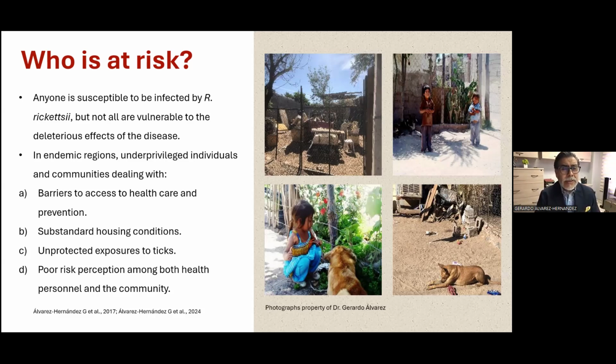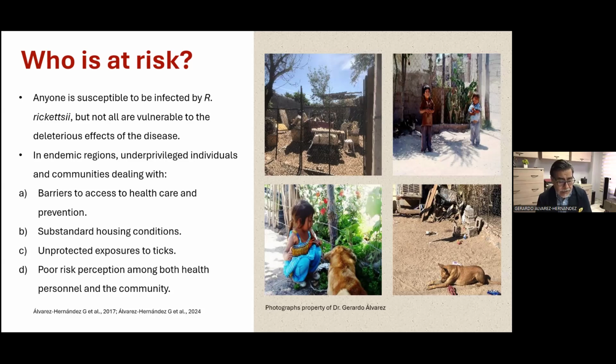When we talk about RMSF associated specifically to the brown dog tick, an approach focusing on social determinants would be very helpful. For instance, in our country, in Mexico, the disease has a deleterious effect on poor people dealing with a variety of difficulties. For instance, they usually have barriers to access to healthcare and prevention.